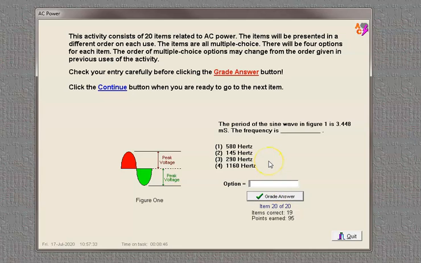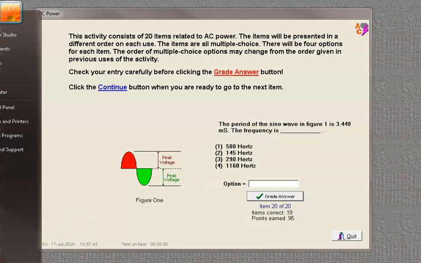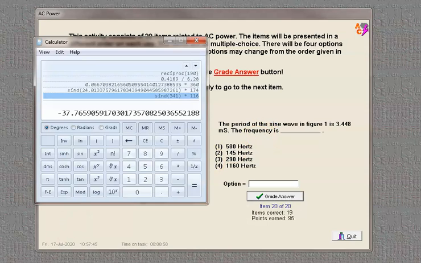And the last one, finally we made it through. The period of the sine wave in figure 1 is 3.448 milliseconds. The frequency is the reciprocal of the period. So let's grab our calculator one more time and we will put 3.448 milliseconds.